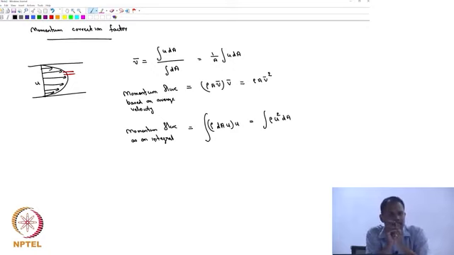So what have I done? I have just calculated the momentum flux either based on an average velocity or based on the actual velocity, and if I use the actual velocity, I write it as an integral. The question is, are these two quantities the same or not?